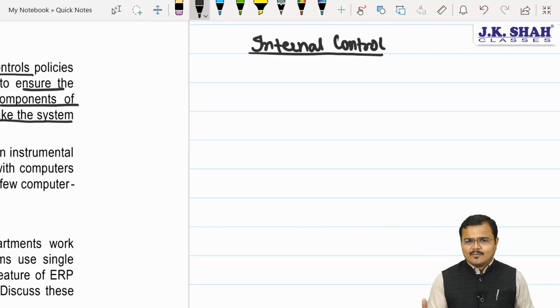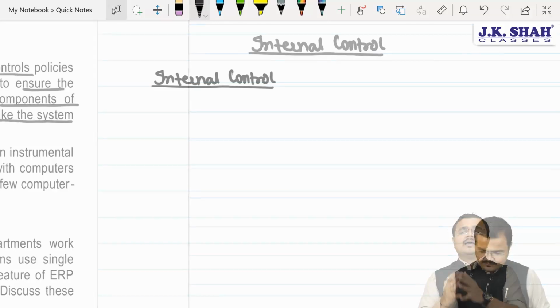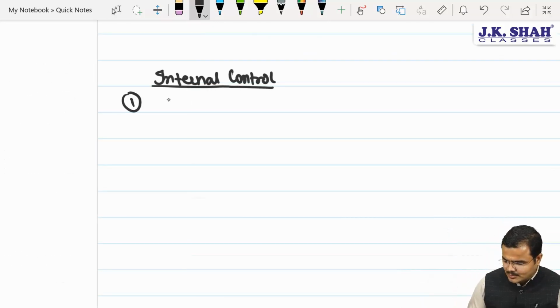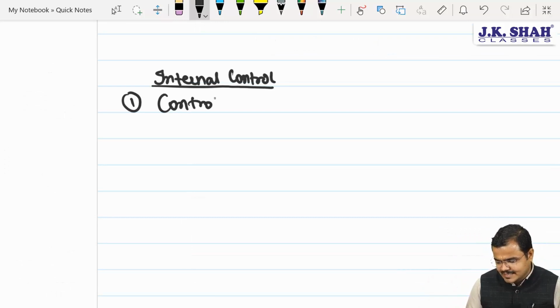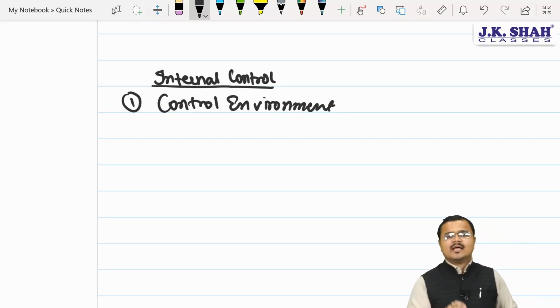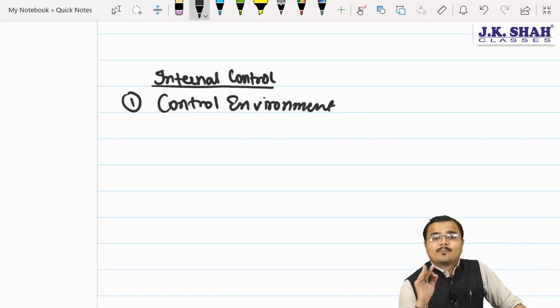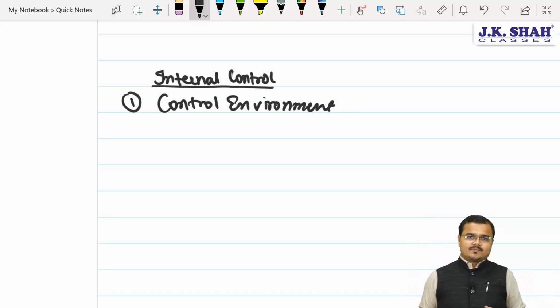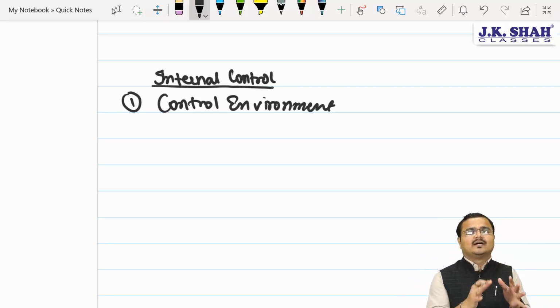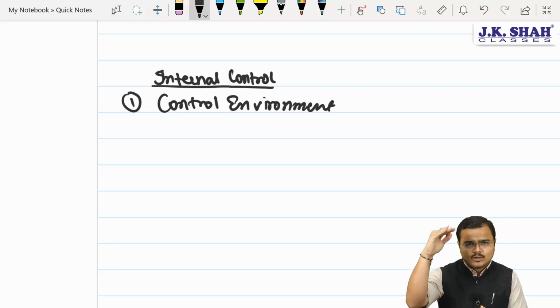Sir, number 1, very important one, we do remember, is the control environment. Yes or no, Chartered? Yes sir. Now, when I say control environment, what does it represent? Sir, it represents the policies, procedures and practices adopted by the management. Generally, the controls to be set up are the responsibility of the board of directors and other personnel at the top level.